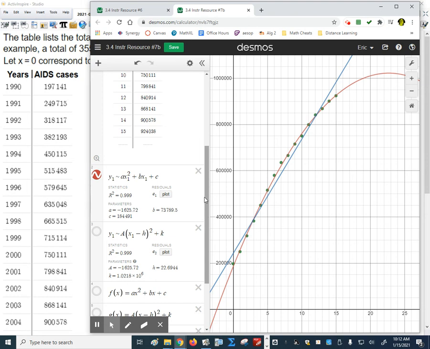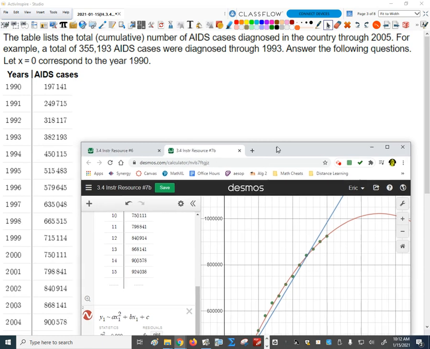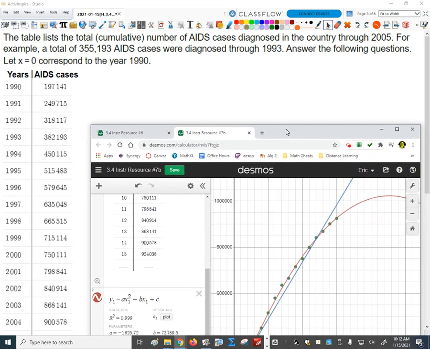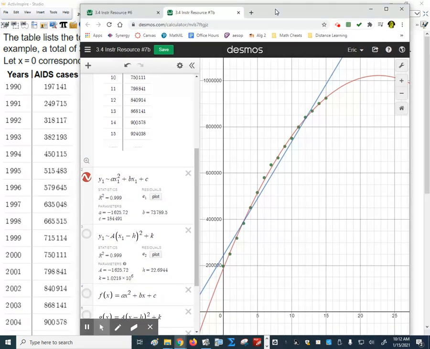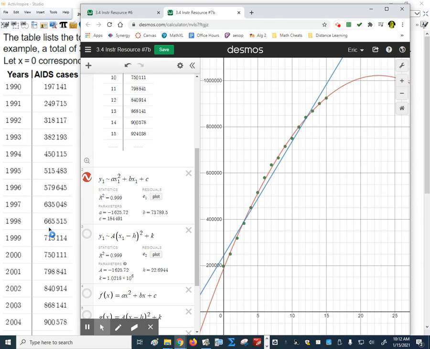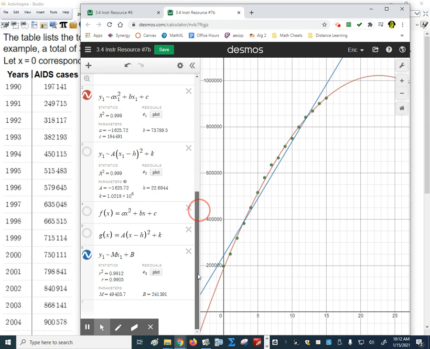All right. If I wanted to make an approximation, what are we trying to do in the year? I didn't even put the question on there. But if I wanted to make a good guess, even an interpolated guess, for the year 2000, that would be the year 10, since I'm counting the number of years since 1990.